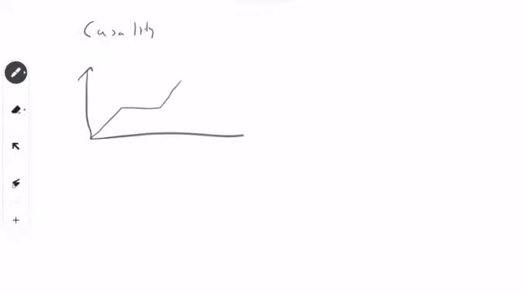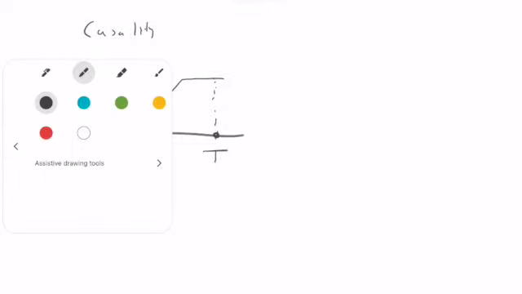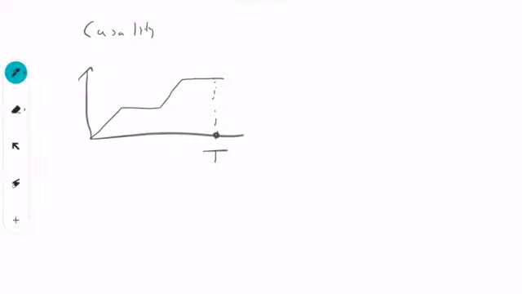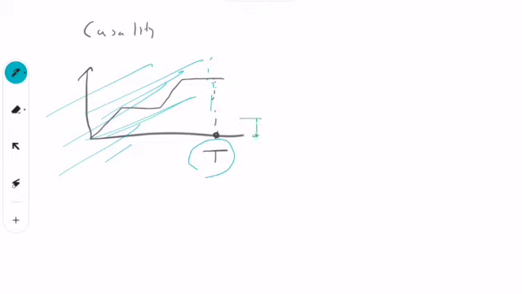This is my input, and I want to compute my output here, at time capital T. If my output is a function of inputs up to here, then my system is causal. If my output at any time depends on any future data, such as here, then my system is non-causal.